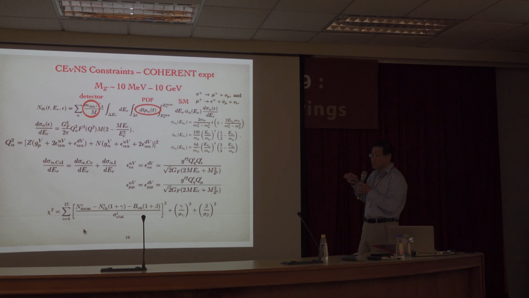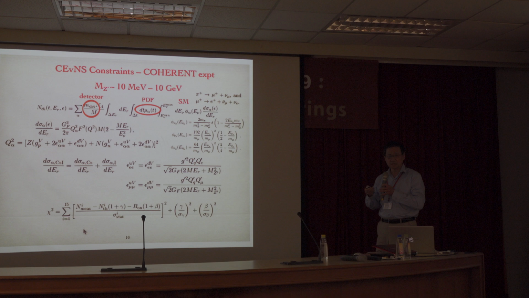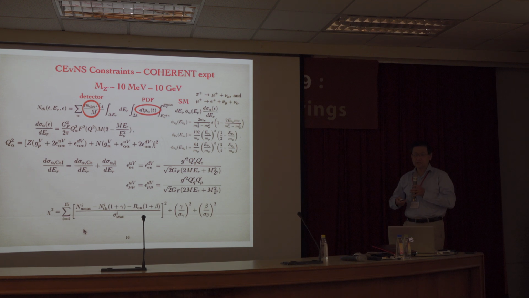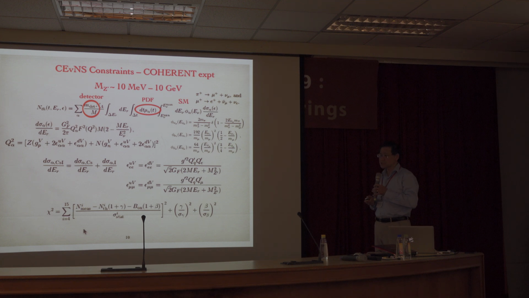The capital COHERENT is one particular experiment, at Oak Ridge, at the Spallation Neutron Source, doing low energy neutrino elastic scattering, so that you have the coherent enhancement over the number of nucleons squared. That's a very interesting and cute experiment. It turned out this experiment is already very sensitive to non-standard interaction, so we want to take that into account.